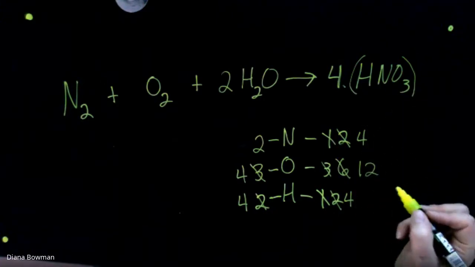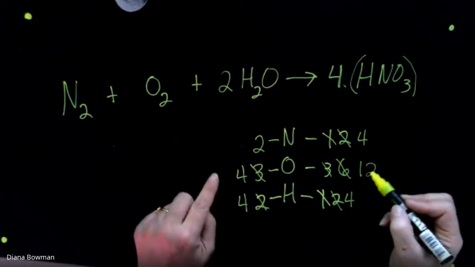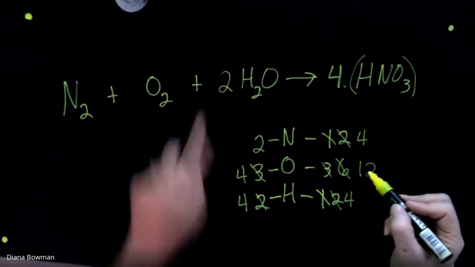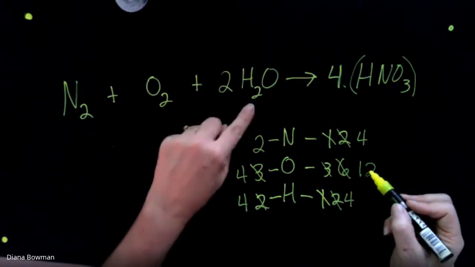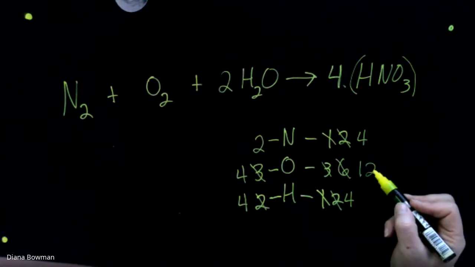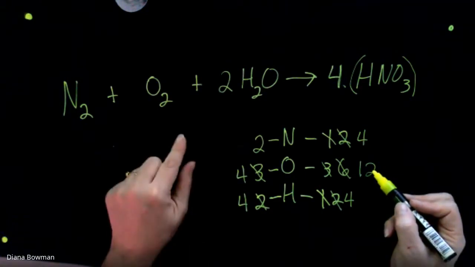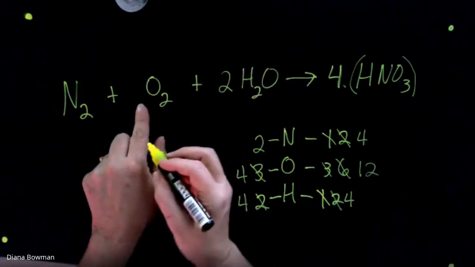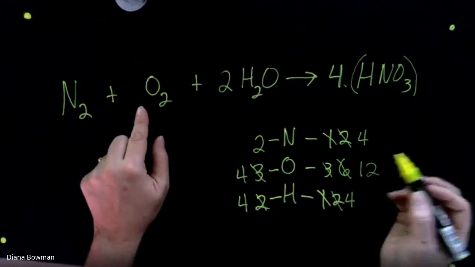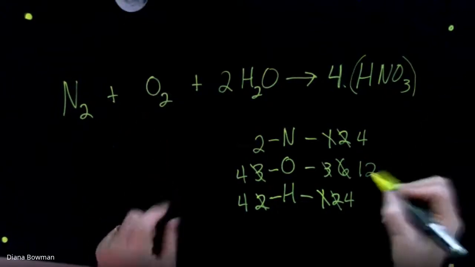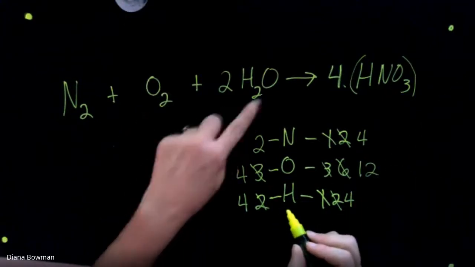Looks like I just made everything way worse, but really I didn't, because now that it's even, I have 4 oxygens here. So 12 minus 4 is going to be what? That's like 8, right? Sorry, did I do that right? 4 times 3 is 12. Yeah, 12. So over here, that's 2.